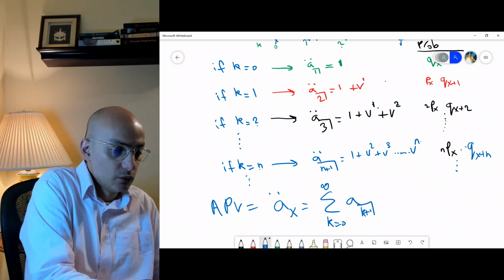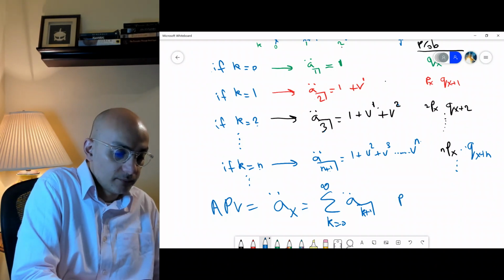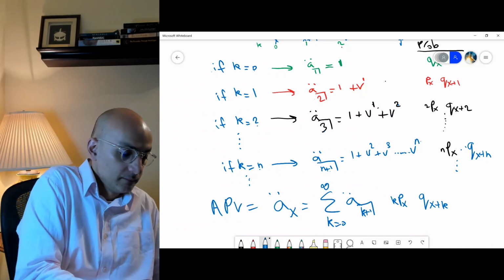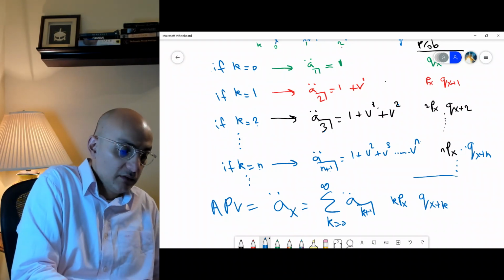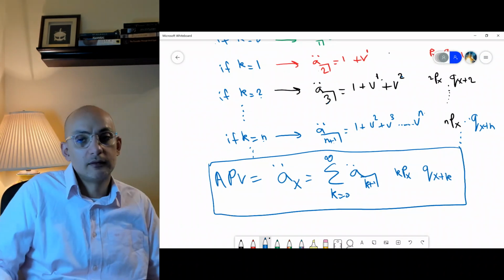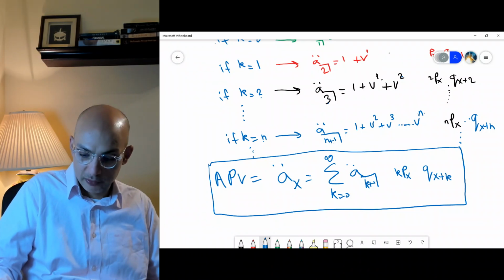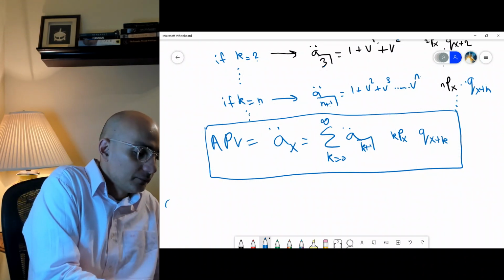Remember here what we do: 1 is with 0, then we add 1, multiplied by px and qx plus k. So you need to sum everything here. This is one way to compute it.